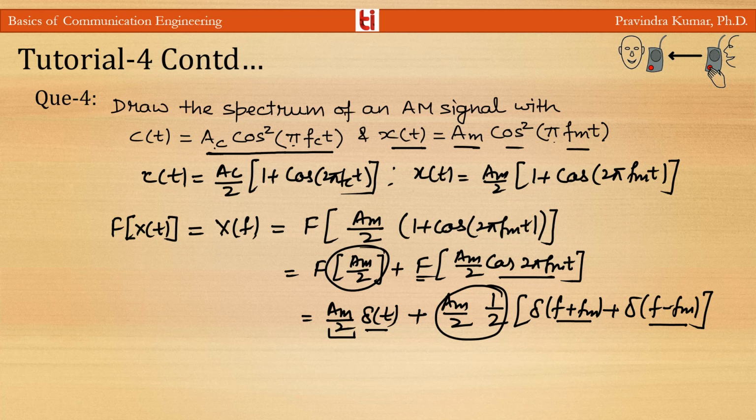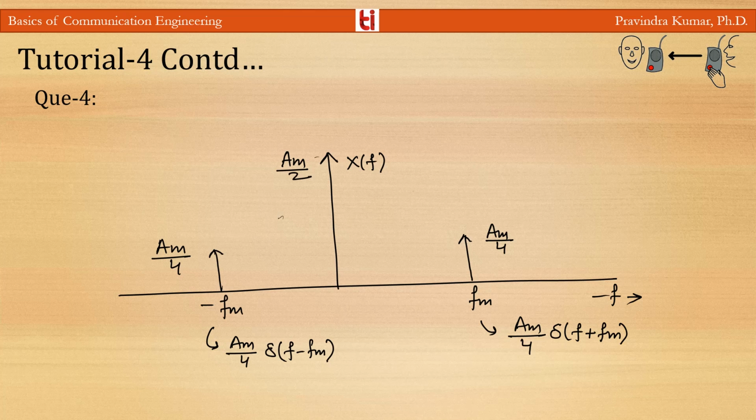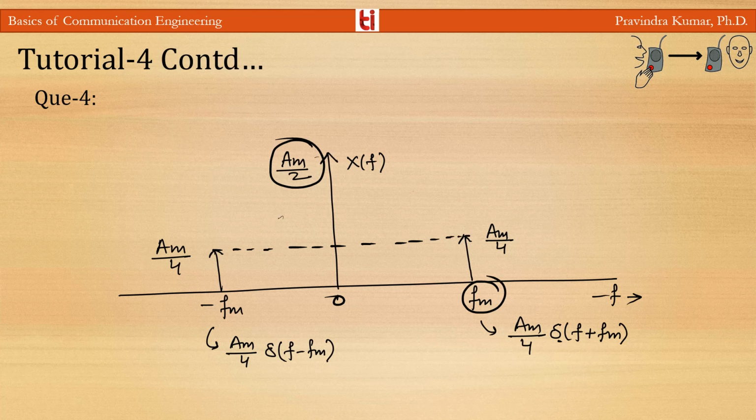So the amplitude of the sidebands is Am by 4, and the amplitude at the center frequency is Am by 2. So we have the center frequency at 0 for the modulating signal with amplitude Am by 2, and at frequency fm the amplitude is Am by 4, delta f plus fm, and Am by 4 for minus fm. So this will be the spectrum of your modulating signal xt.